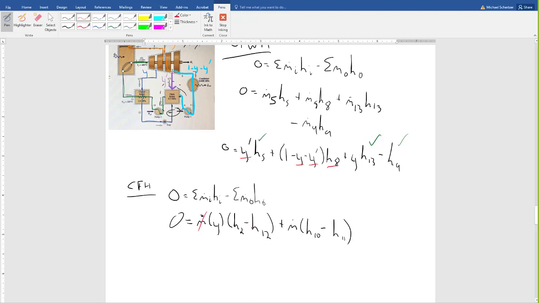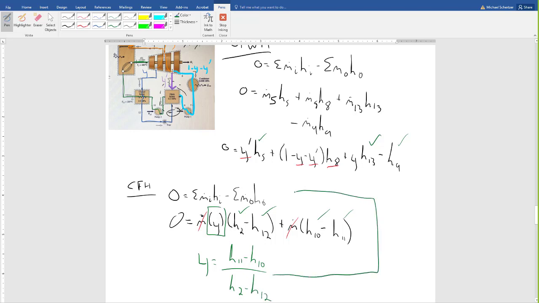Right? We can divide the total equation by m dot because 0 over m dot is just 0, right? Now we know 1 to 5 and anything above 9 and above, right? So we know h2, h12, h10, and h11. The only thing I don't know in this equation is y, right? So here y is equal to h11 minus h10 divided by h2 minus h12.